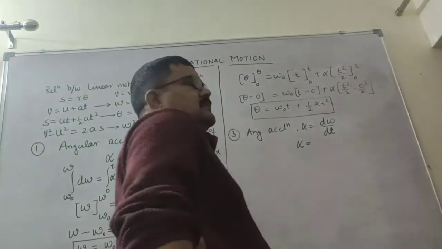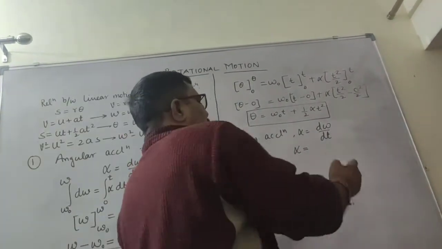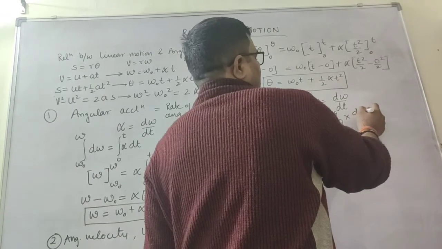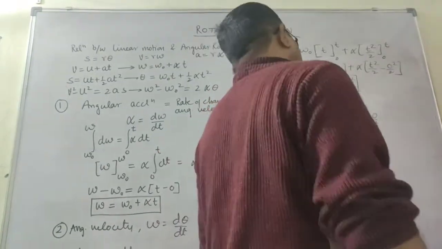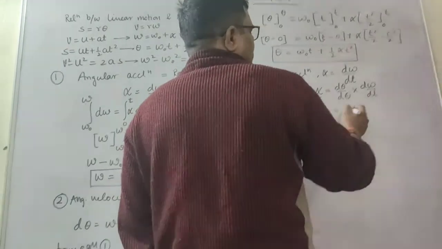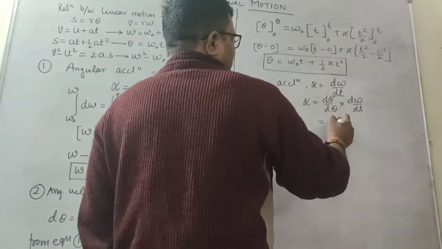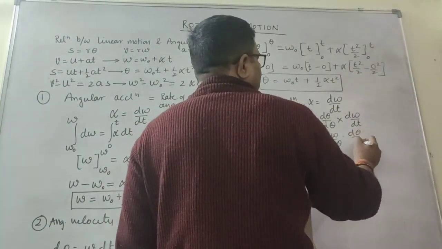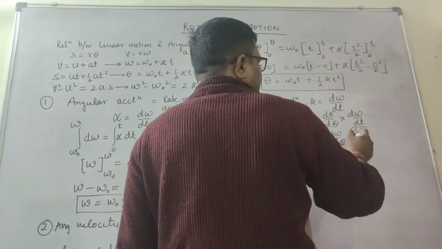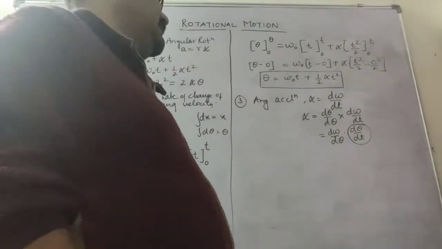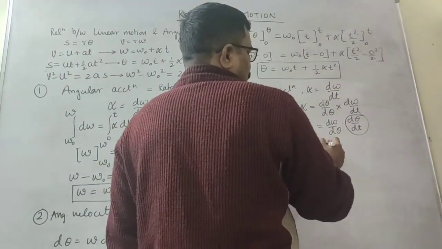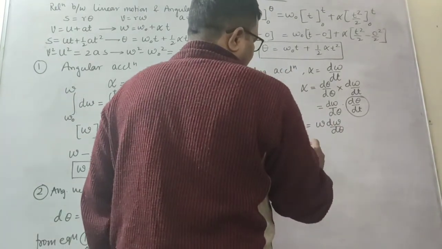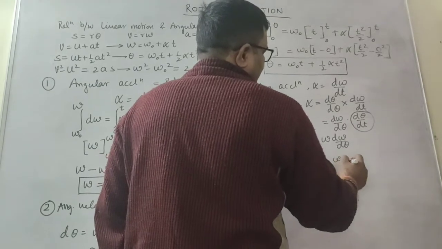Now see the modification, this is an important step. I will multiply and divide by d theta. So this becomes d omega by d theta multiplied with d theta by dt. This becomes angular velocity. So alpha is equal to omega d omega by d theta. That is, alpha d theta is equal to omega d omega.